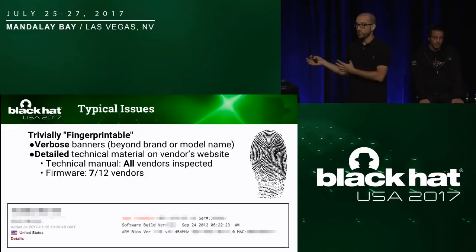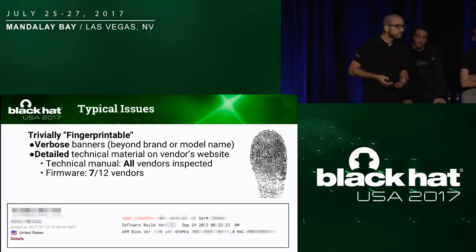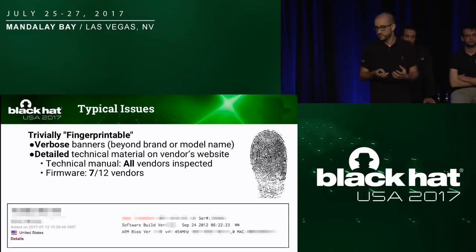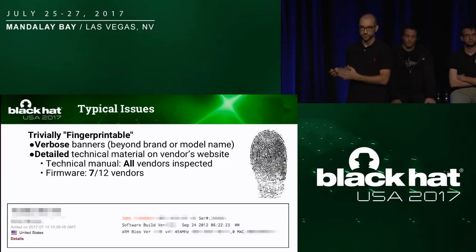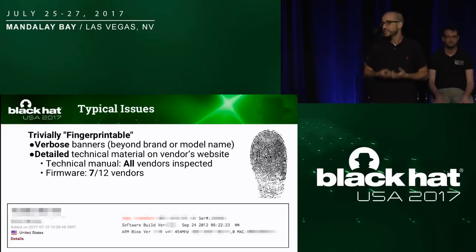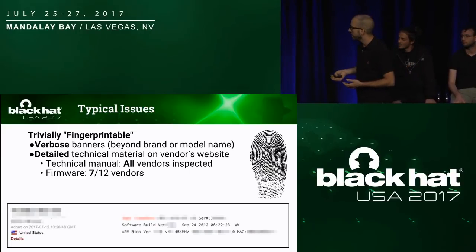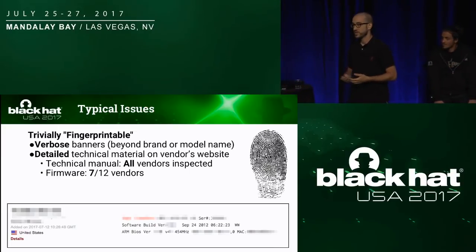This is actually common among these vendors, to announce details in the network banner. Generally, this is not even a vulnerability. If you talk to the vendors, you can tell them that there is an info disclosure kind of vulnerability, but it is not an extreme case. Still, I cannot really find a use case for exposing, in this case, even the frequency of the CPU, the MAC address of the network card, the date on which the firmware was built, and the serial number of the device.